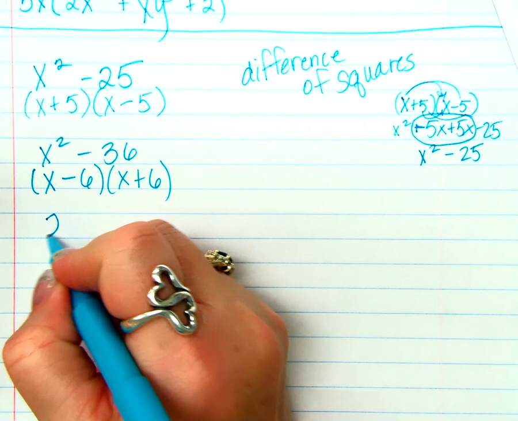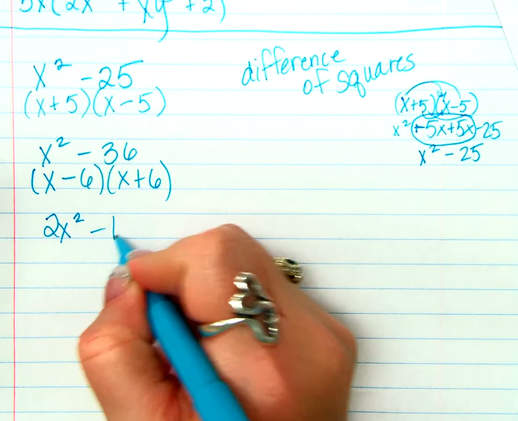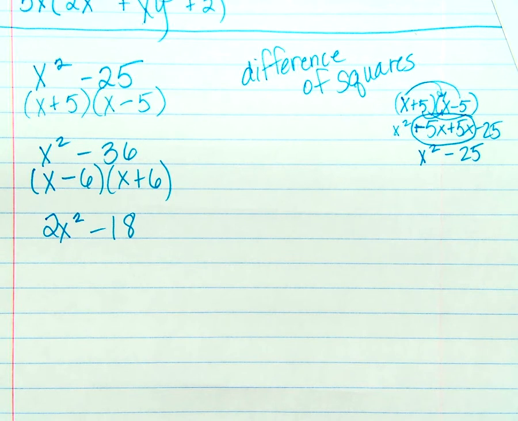Okay, so can I give you a harder one? You are so excited for the harder one, aren't you? What do you notice? Oh, what's the square root of 18? I don't know either. What's the square root of 2?